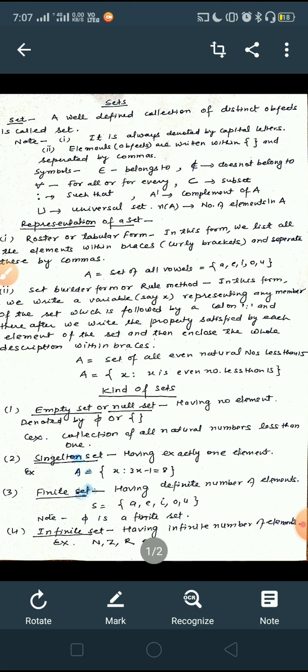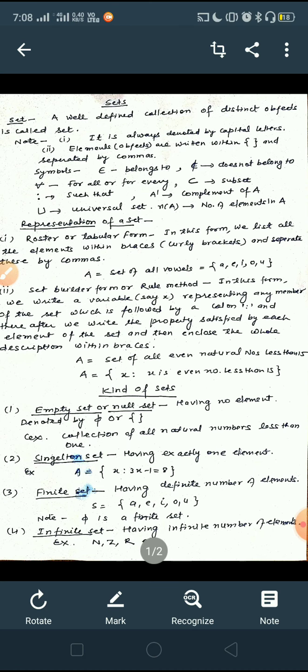It is denoted by phi, or simply you write curly brackets. Both are used interchangeably. Next, its example is given.